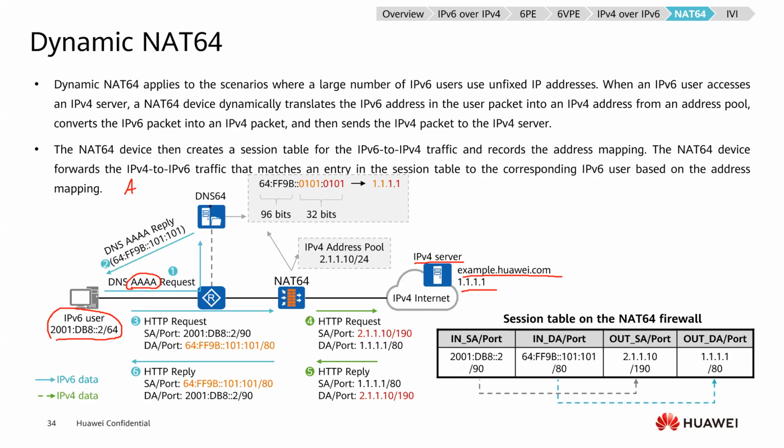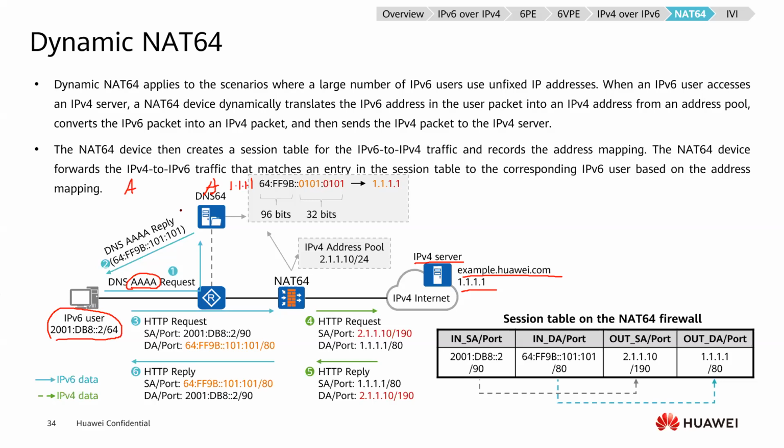So when the DNS64 receives the AAAA request, it will check if there is any IPv6 address mapped to this domain name, and it will not find one, because this is IPv4. So it will go through the A request and check if there is any IPv4 address mapped to this domain name, and it will find the IPv4 address 1.1.1.1.